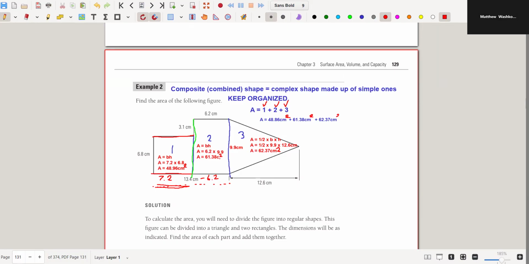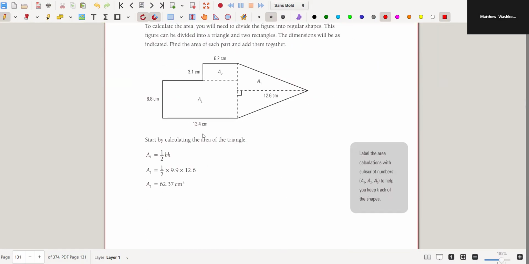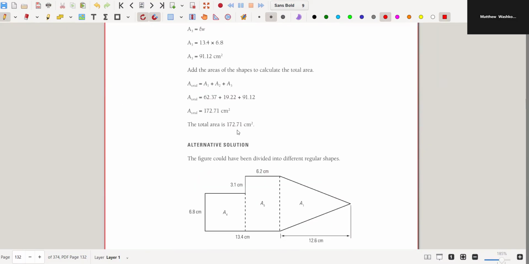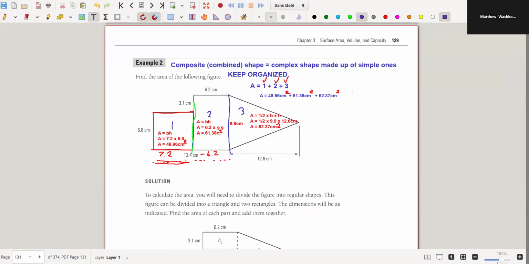So all I got to do is add those up, which you can find down here, 172.71. So the total area is 172.71 centimeters squared. A lot of numbers on this screen, right? Start circling your answers. So organization is important for this.